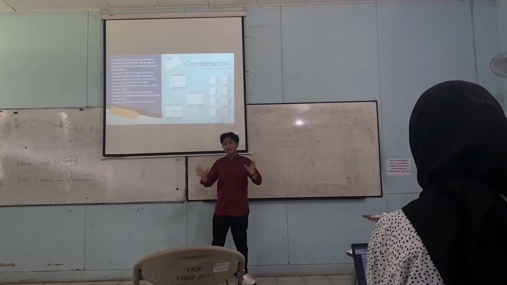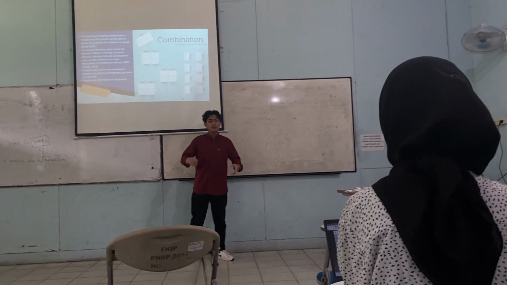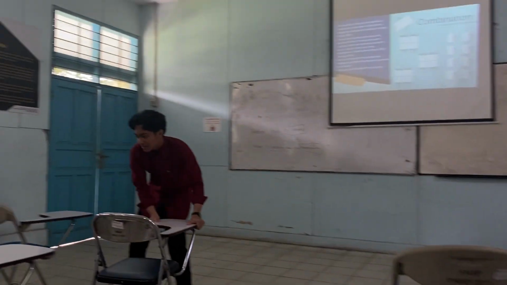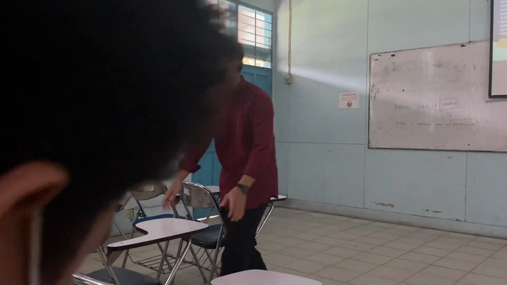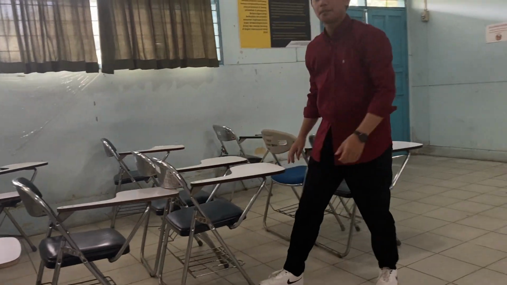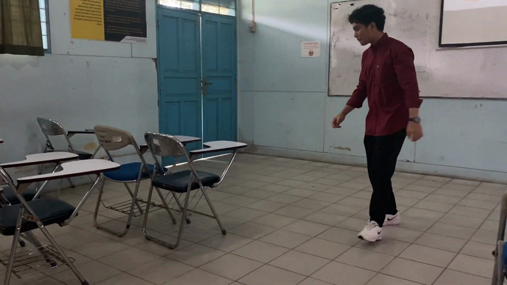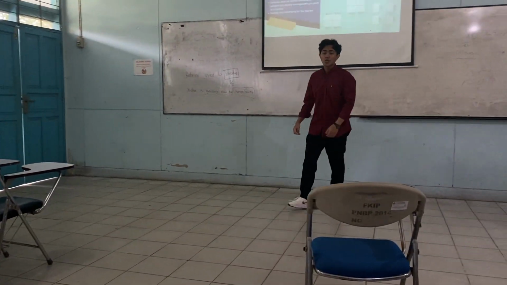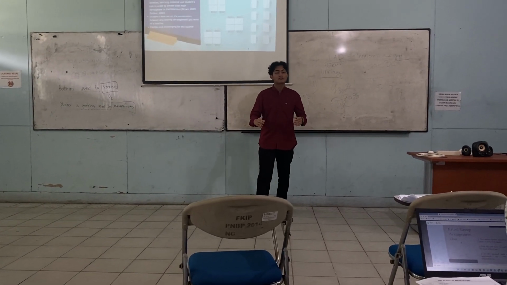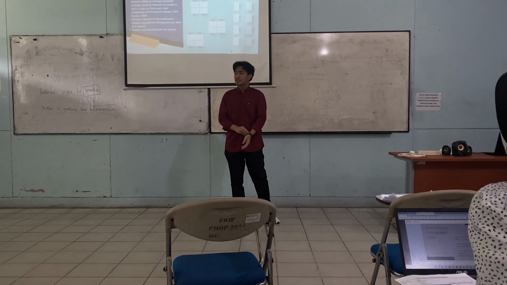So you need to create an atmosphere. For example, pairs combined with groups of four, probably. I mean, you need to have your own creativity to make your class more alive, to make your students feel more comfortable with you. I think that's all from my explanation.